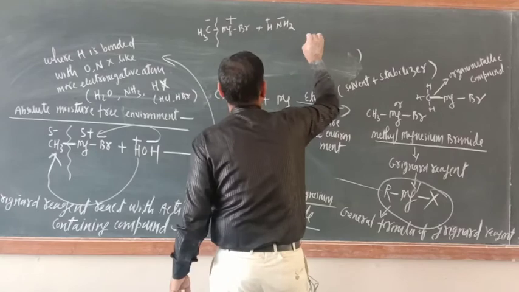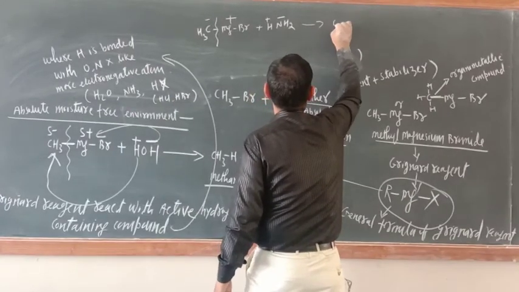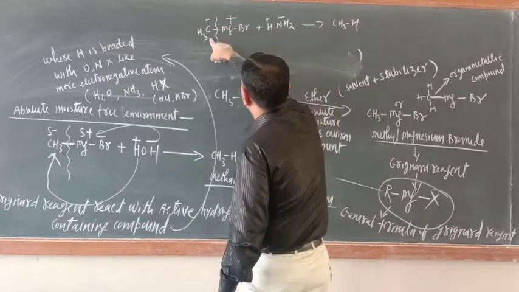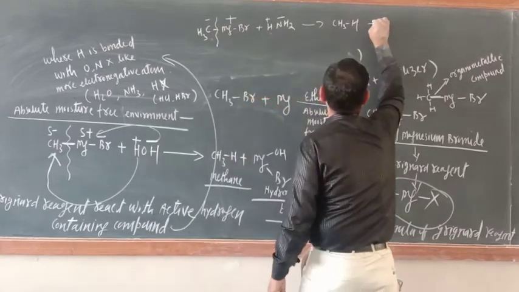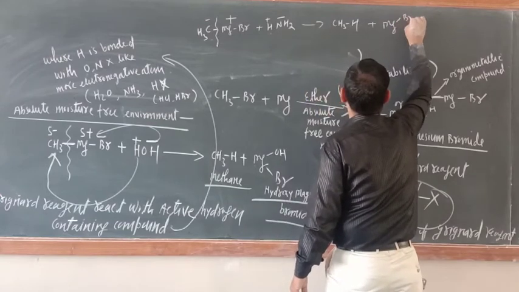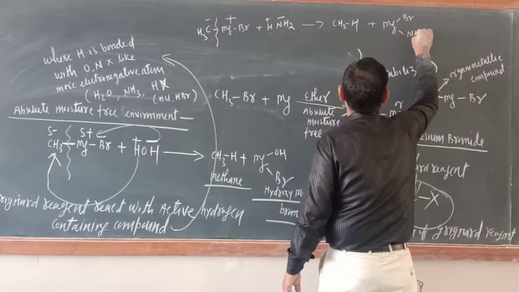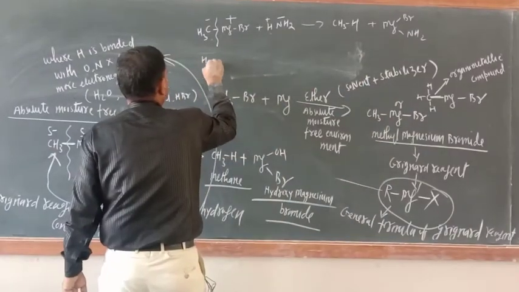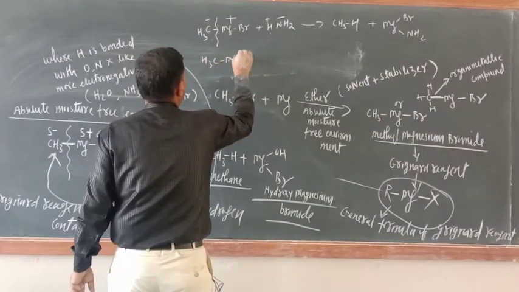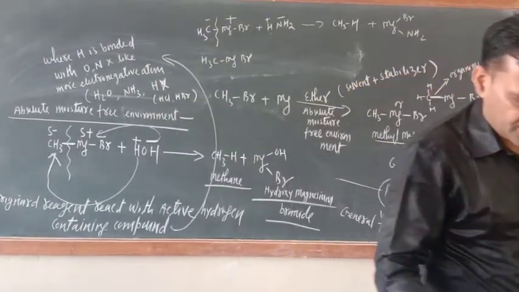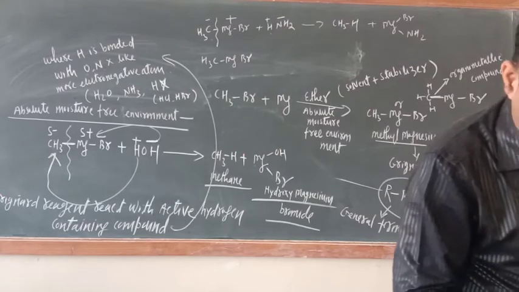So here we get CH3H, as H reacts with this one, and the other part is Mg, Br and NH2.